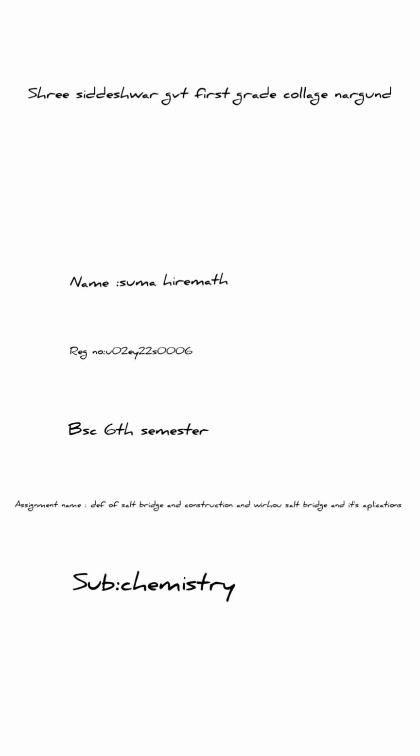Let us discuss what a salt bridge is. In electrochemistry, a salt bridge is a device that connects the oxidation and reduction half cells of a galvanic cell, like a voltaic cell, allowing ions to flow and maintain electrical neutrality, thus enabling the cell to function.